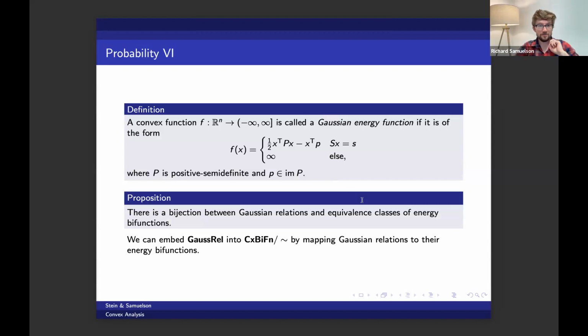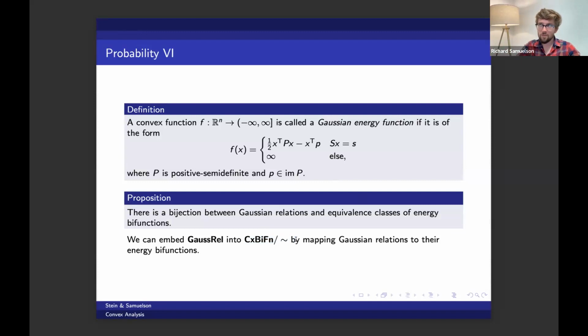There's a bijection between Gaussian relations and equivalence classes of these energy functions. The equivalence class is again plus or minus some shift. And again, by mapping Gaussian relations to these energy functions, we can embed this hypergraph category Gauss-Rel into the category of convex bifunctions, quotiented by constant shift.